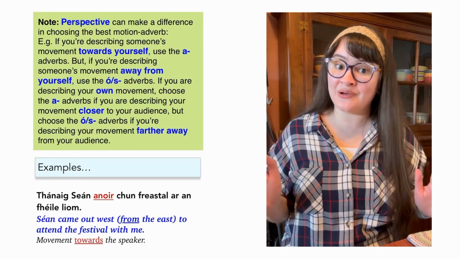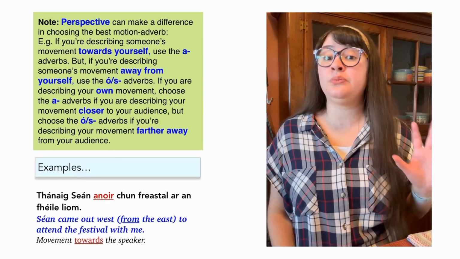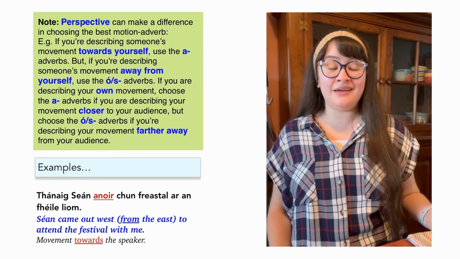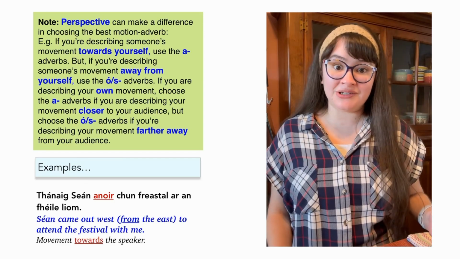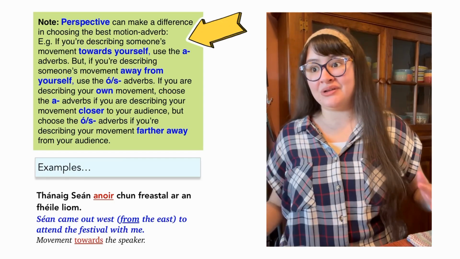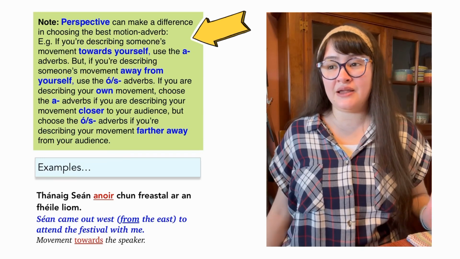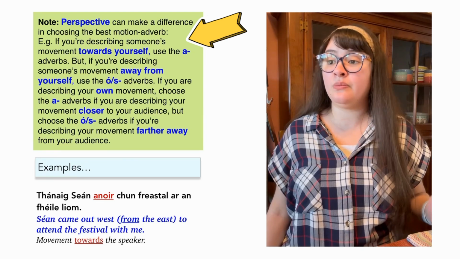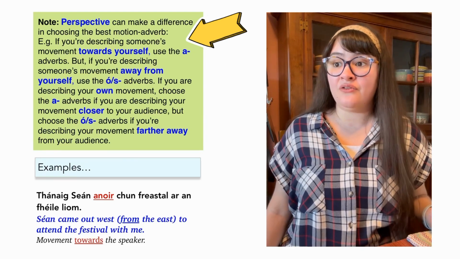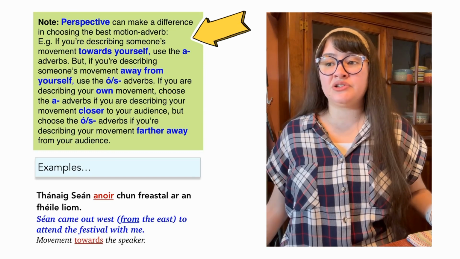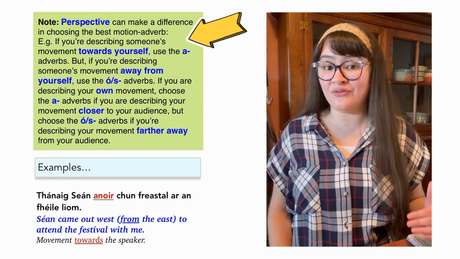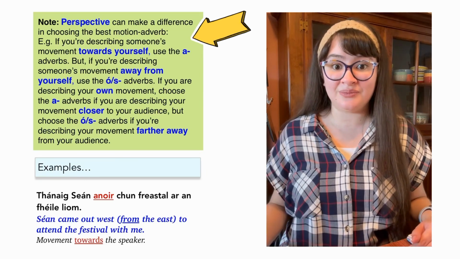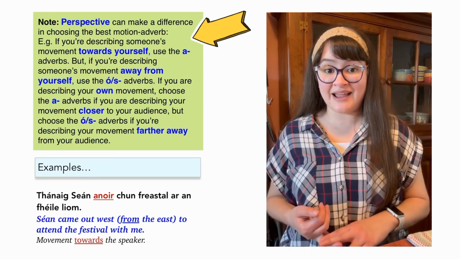Okay, so I have a note now on the next page about perspective, which is key in determining what words to use for the cardinal directions. Note, perspective can make a difference in choosing the best motion adverb. If you're describing someone's movement toward yourself, then use the adverbs that start with an A, like adue and anas.